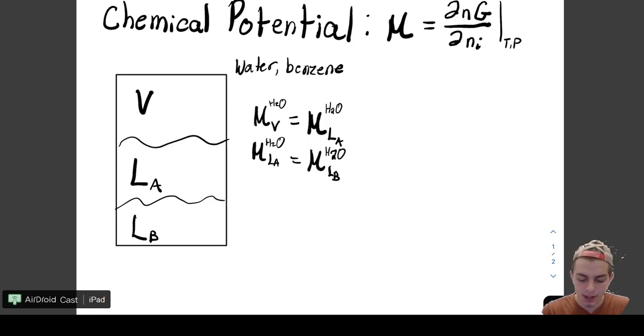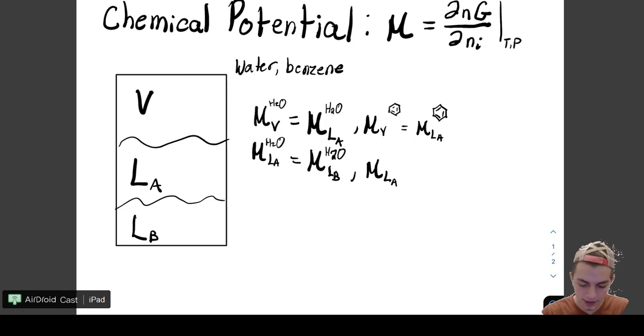For example, we can also say that this will be true for benzene in the vapor phase. Let me try to use my organic chemistry to draw benzene. And we would also say the same for its liquid phase component: its chemical potential in liquid A will be equal to its chemical potential within the liquid B portion here.